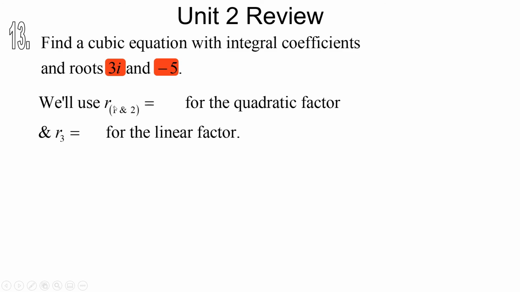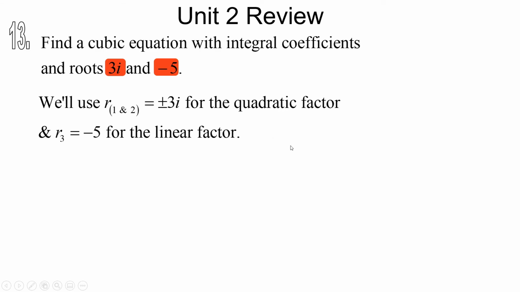So my first 2 roots are actually plus or minus 3i, and I'm going to use these 2 complex conjugates for my quadratic factor. Then for my third root, I'm going to use the negative 5 for my linear factor.